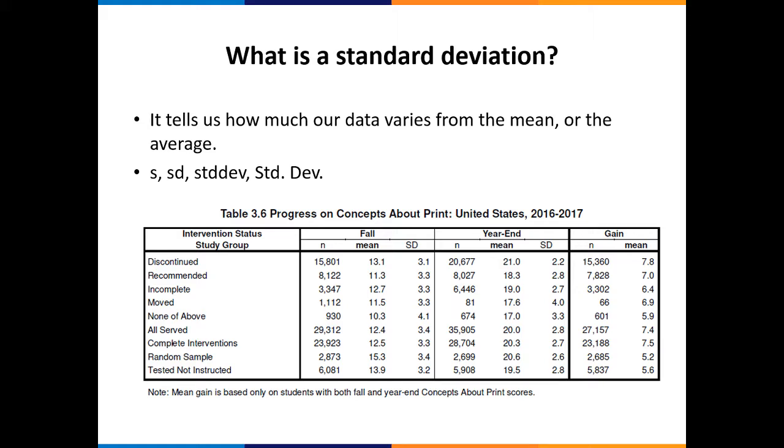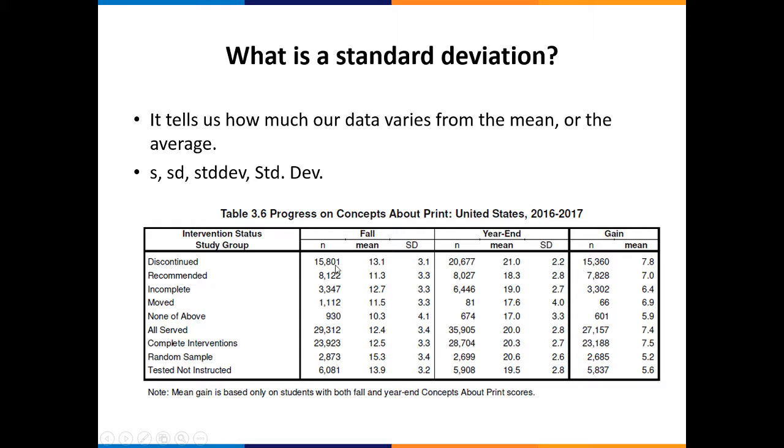So here is an example table we're going to take a look at. This is table 3.6 from our national report from the 2016-17 school year, and we are looking at concepts about print. I'm just going to look at this first row, which shows the concepts about print data for our discontinued students.